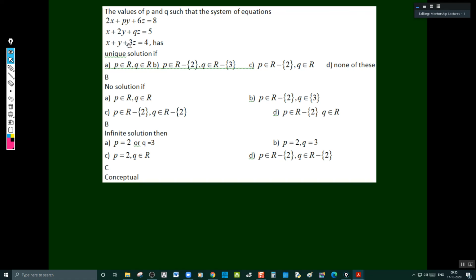If A1 by A2 is not equal to B1 by B2, you will have a unique solution. If A1 by A2 is equal to B1 by B2 is not equal to C1 by C2, you will have no solution. If A1 by A2 is equal to B1 by B2 is equal to C1 by C2, you will have infinitely many solutions. You can convert them, even to 2D lines also.